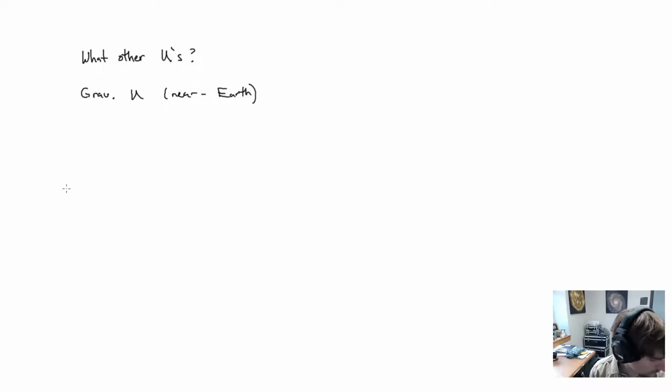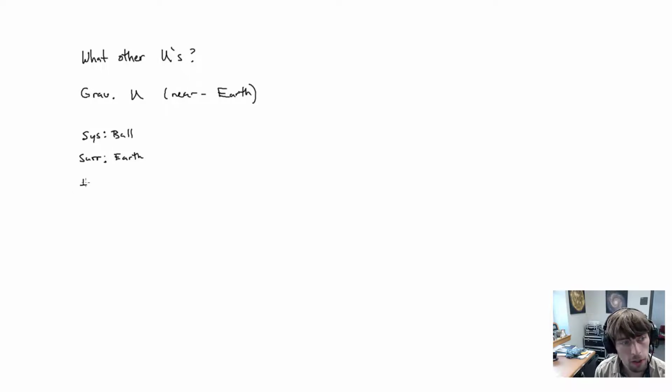So consider, for example, a ball, and we just drop it. We can go through the whole same song and dance. We could say, for example, let's put the system as the ball. We'll do the surroundings as the Earth.